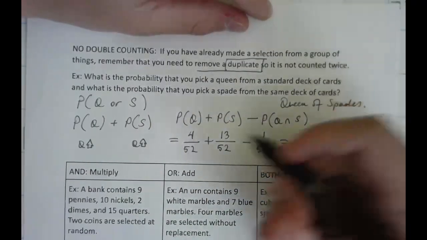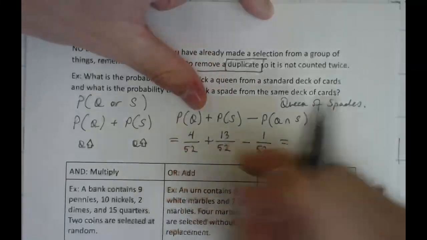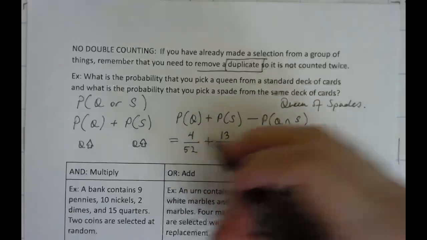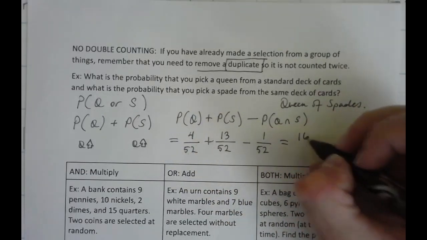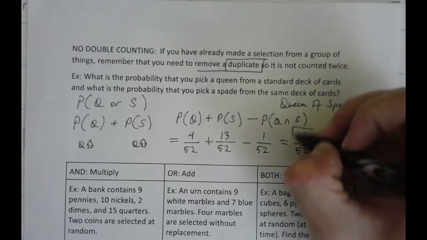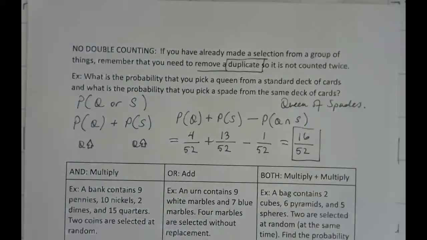So this gives us 4 plus 13 minus 1, which is 16 out of 52. Alrighty. 16 out of 52 ways to get this. Very cool.